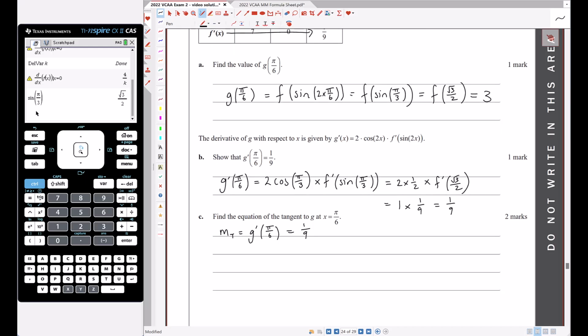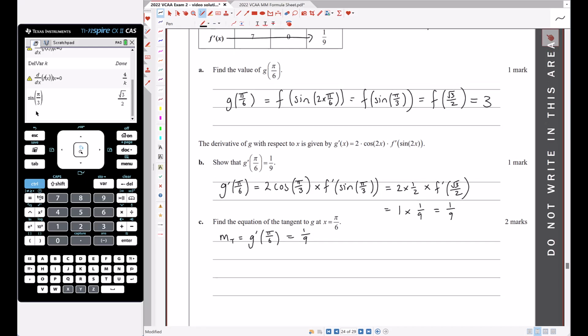And we need the point, so we need to know what g at pi on 6 is, which we also worked out in part A. We worked out that g of pi on 6 is 3, which means that the graph goes through the point pi on 6, 3.